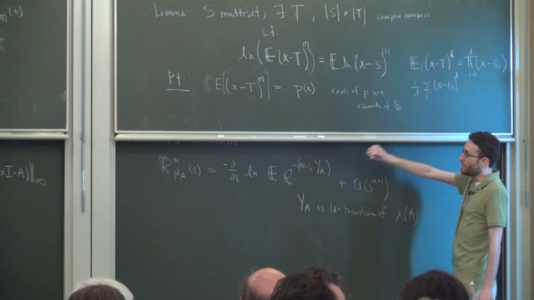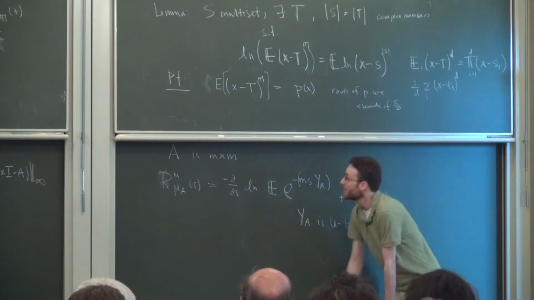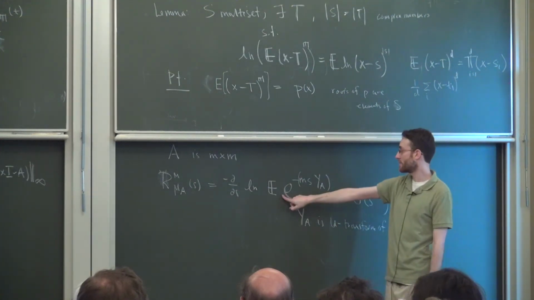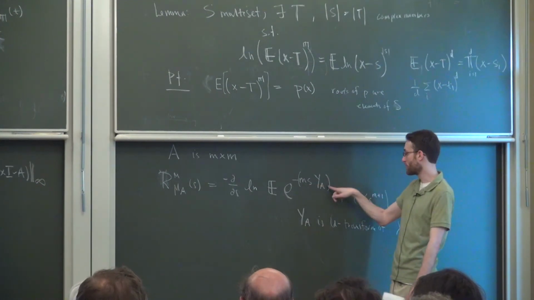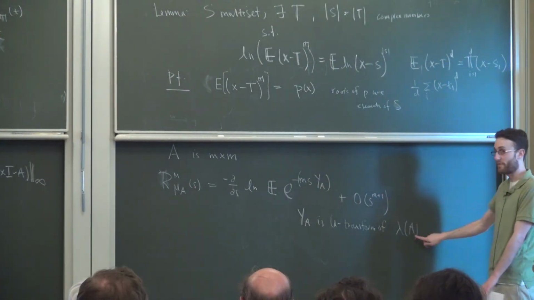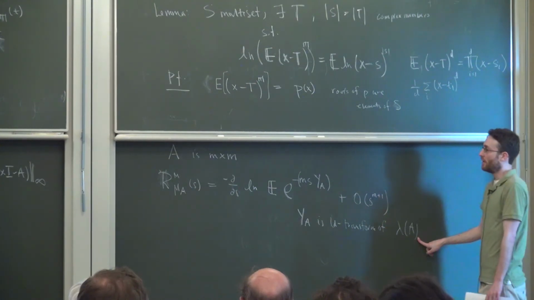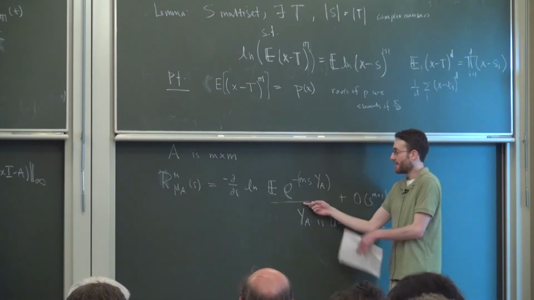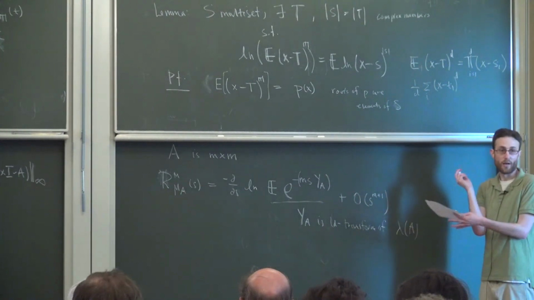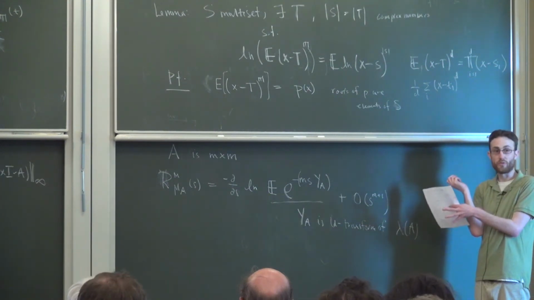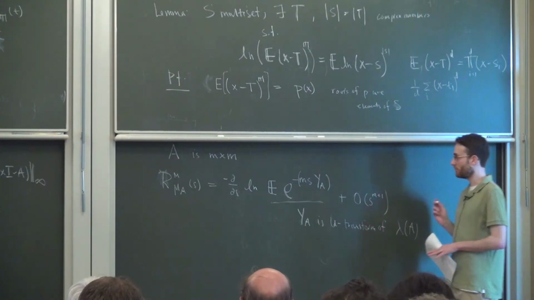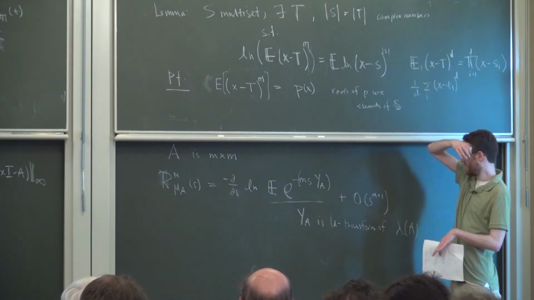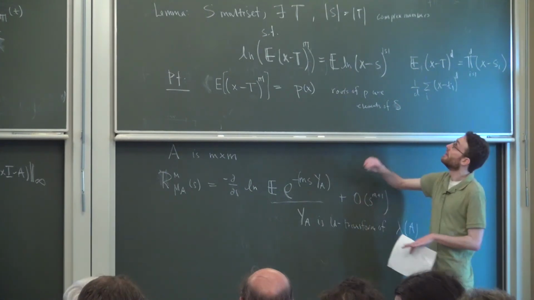When A is an m by m matrix, what you get is that this R mu becomes the expected value of e to the minus ms y sub a, where y sub a is the U transform of the eigenvalues of A. And then this looks exactly like the moment generating function of a classical random variable, at least up to the first m moments.